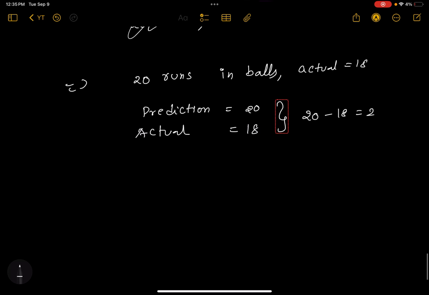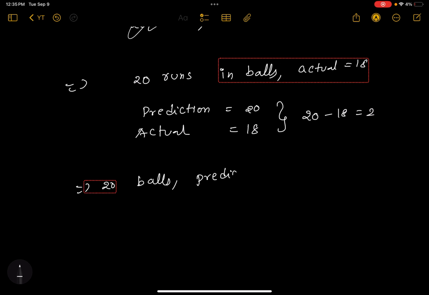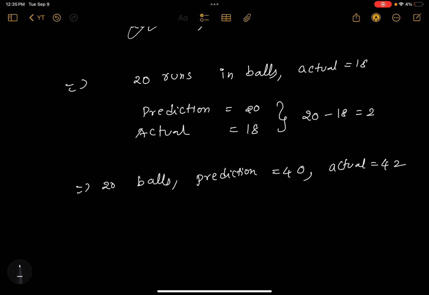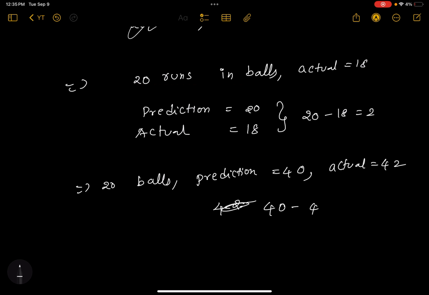You got it, right? So at 20 balls, prediction is 40 and actual is 42. So what's the difference? 40 minus 42, which is minus 2.